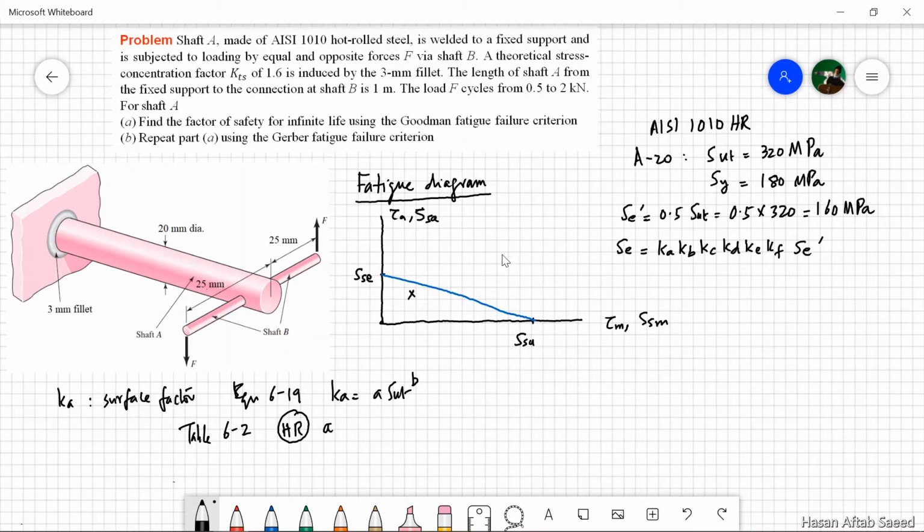Against hot rolled, A is 57.7 and B is equal to minus 0.718. So putting these values, Ka is 57.7 into SUT, which we just read off the chart, 320, power minus 0.718, which turns out to be 0.917. So we're done with the first correction factor.